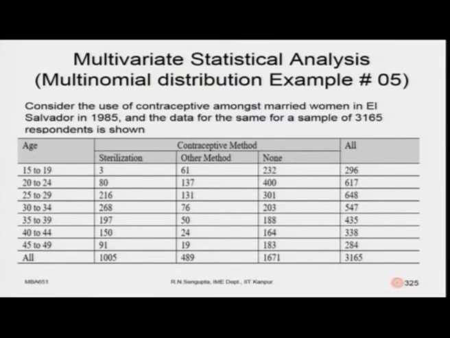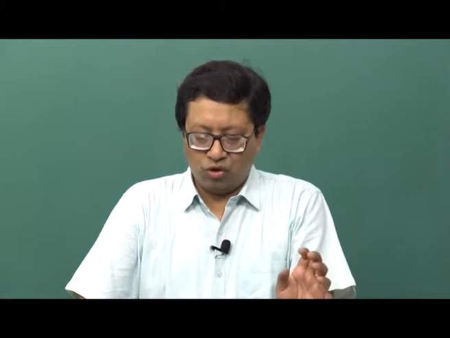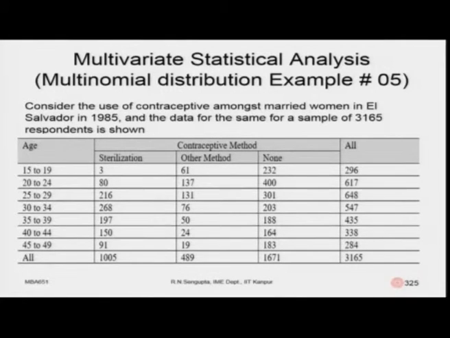In the first column you have the age: 15 to 19, then 20 to 24, 25 to 29, 30 to 34, 35 to 39, 40 to 44, 45 to 49. The second, third and fourth columns give the number of women in that age category who use sterilization, use other methods, or use none.